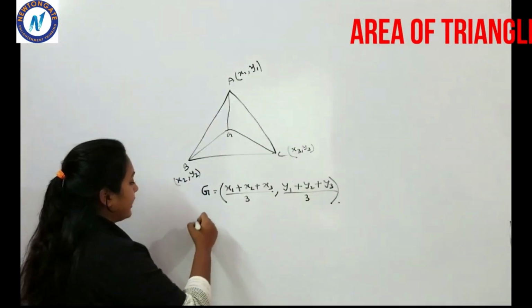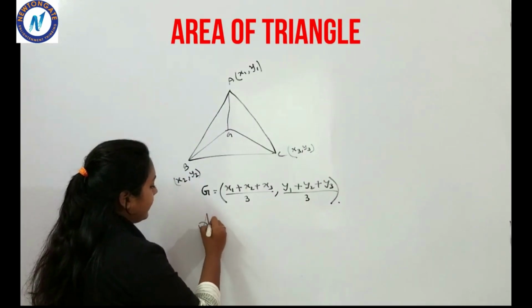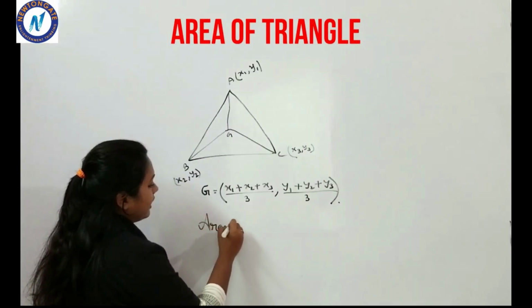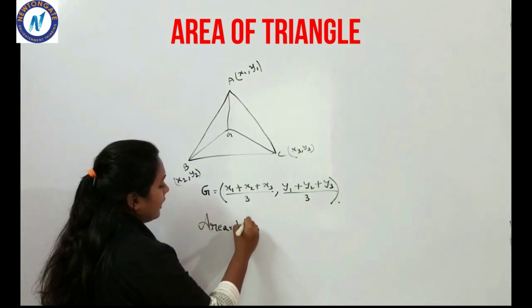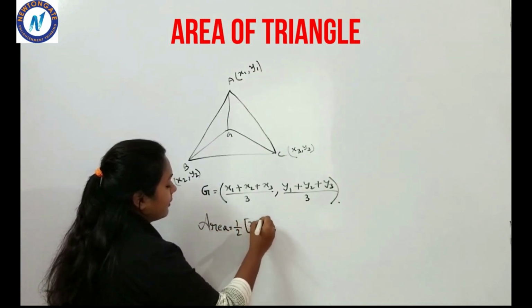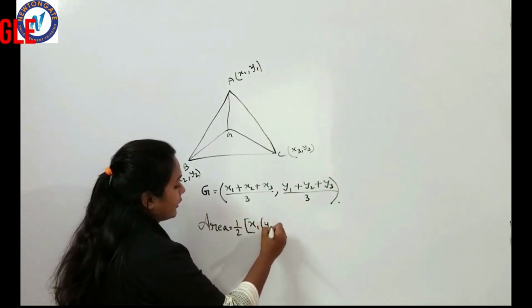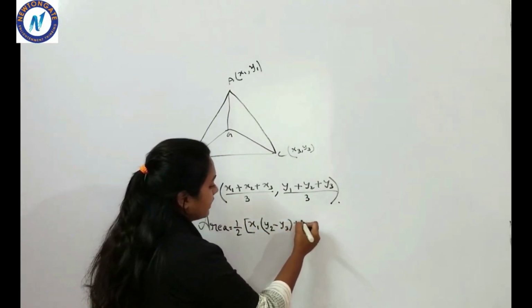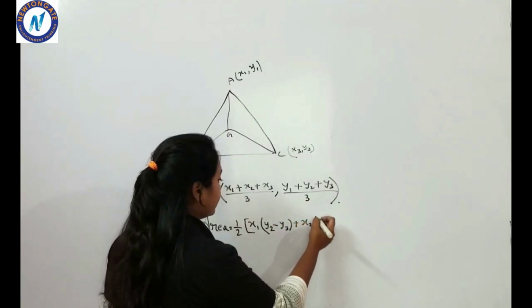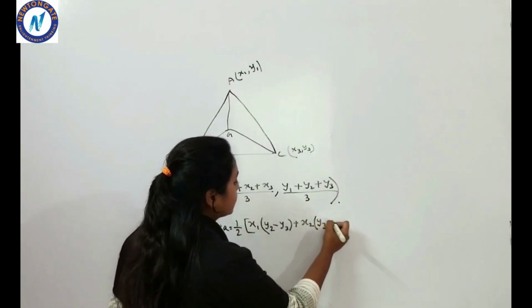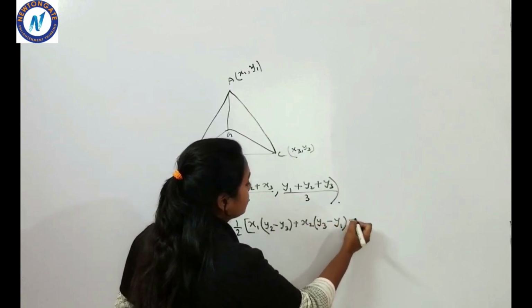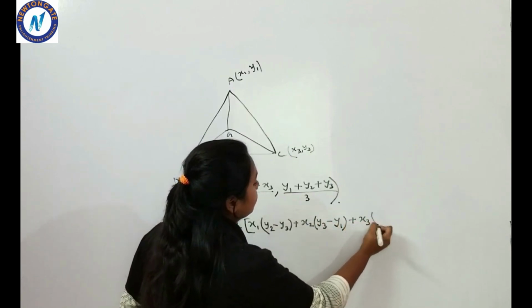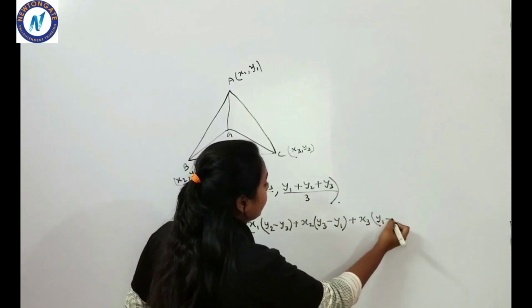If we calculate the area of the triangle, then the area equals half into x1 multiplied with y2 minus y3, plus x2 into y3 minus y1, plus x3 multiplied with y1 minus y2.